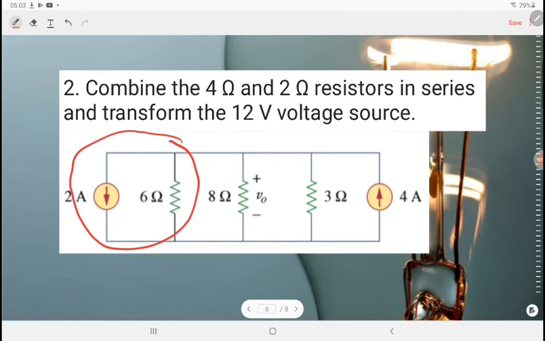To get the value of the current source, Is equals Vs divided by R, which is 12 divided by 6, so equals 2 ampere. The new current source value is 2 ampere in parallel with the 6 ohm resistor.